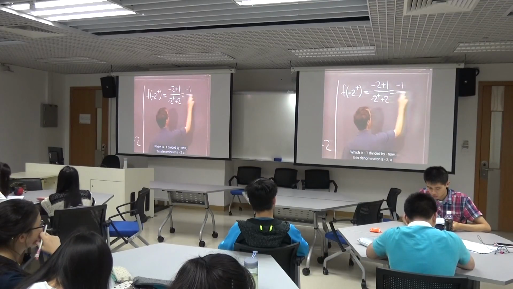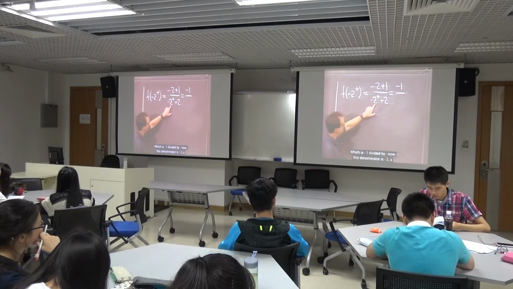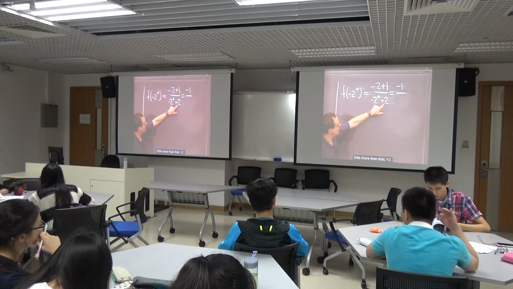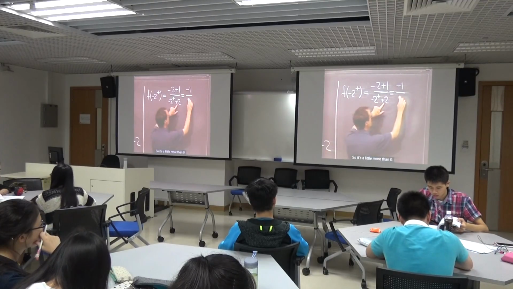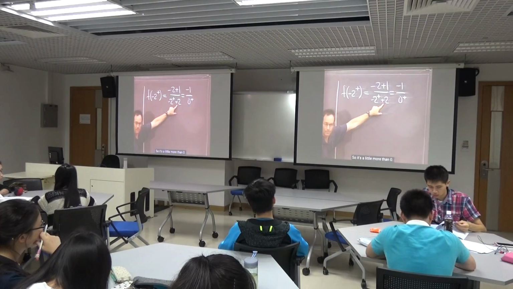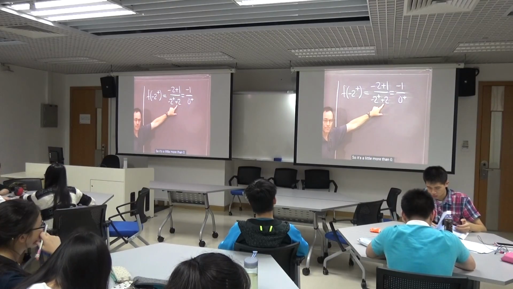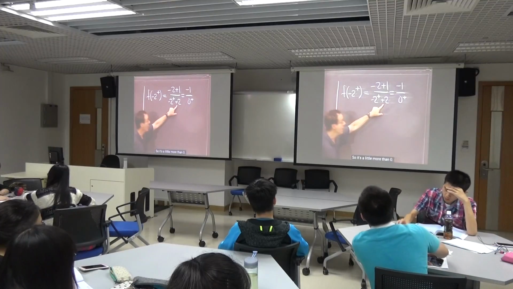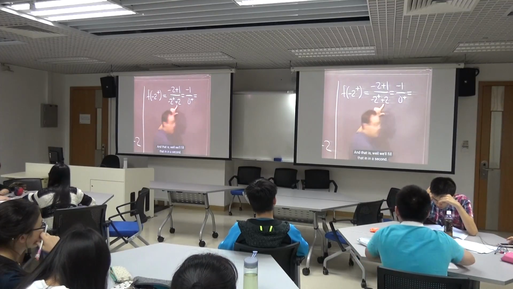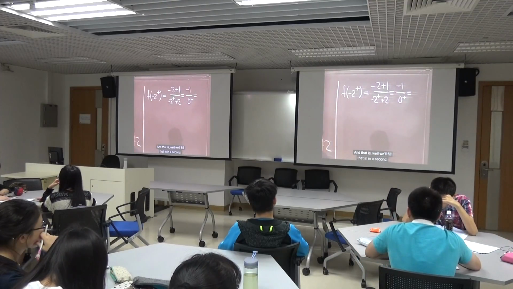The numerator is -1, divided by a denominator that is a little more than 0. Look at that. We'll fill that in in a second.